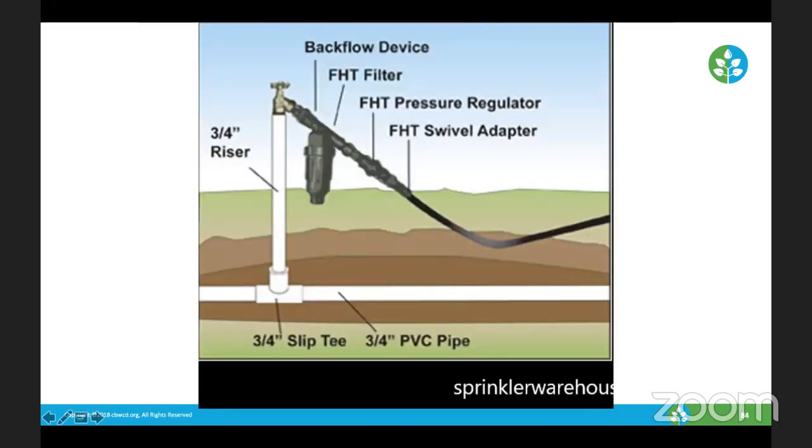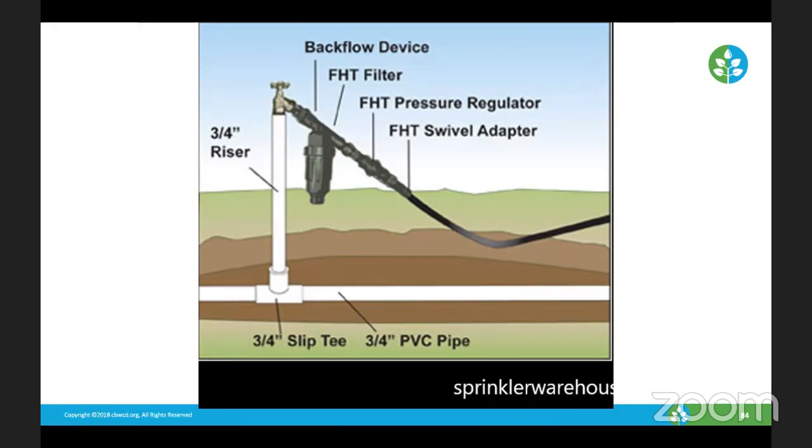And then there's also options where we don't necessarily need an irrigation valve and an irrigation controller. We can have adapters. So there are drip filtration and pressure regulation systems that connect to a hose bib.